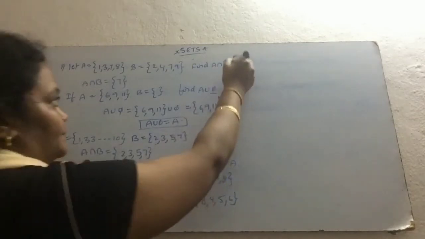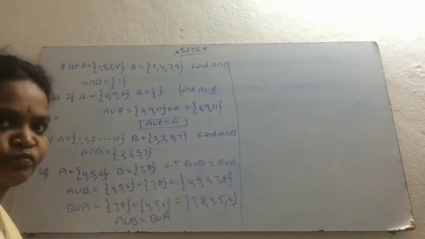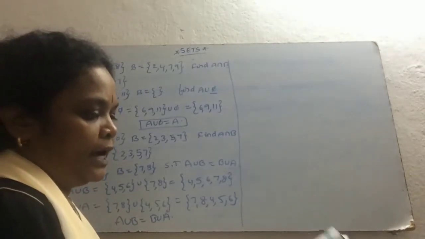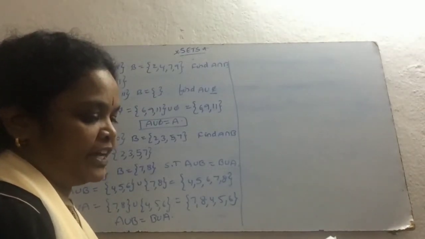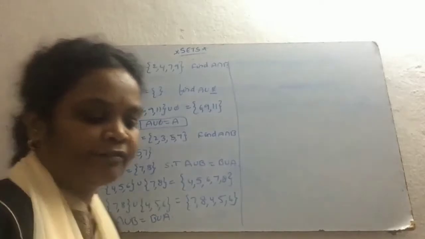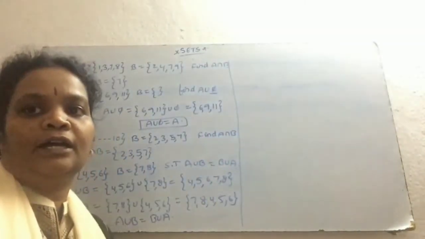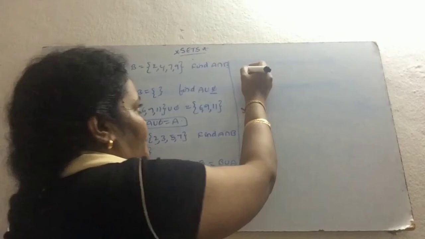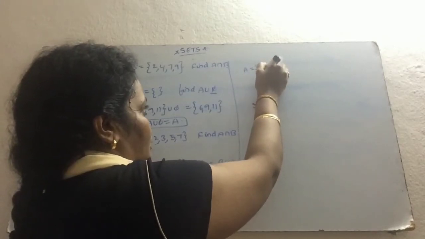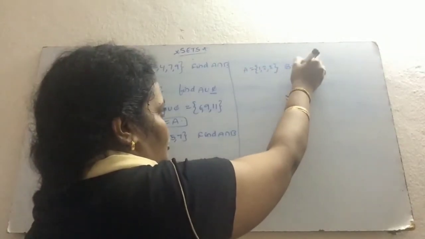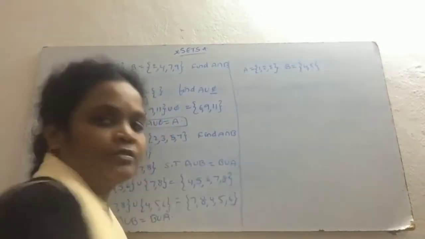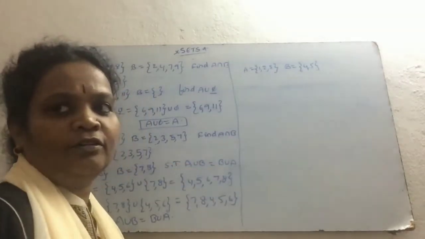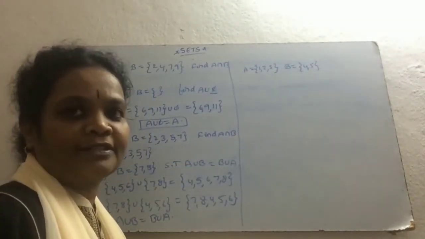And next, list out sets A and B and choose their elements such that A and B are disjoint. What are disjoint sets? Disjoint sets means, suppose if you take A is equal to {1, 2, 3} and B is equal to {4, 5}, both sets have no common elements.